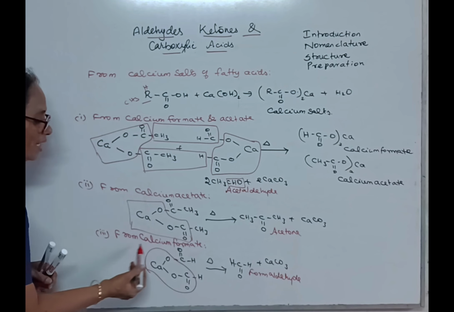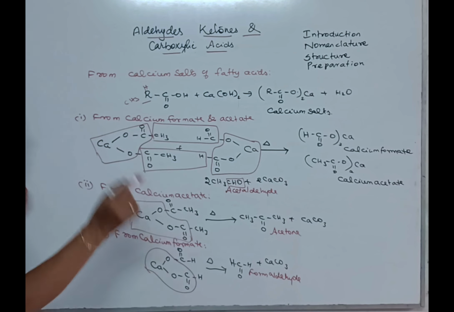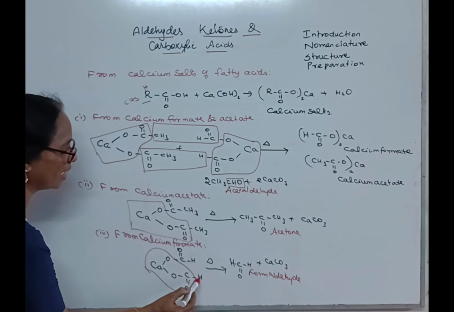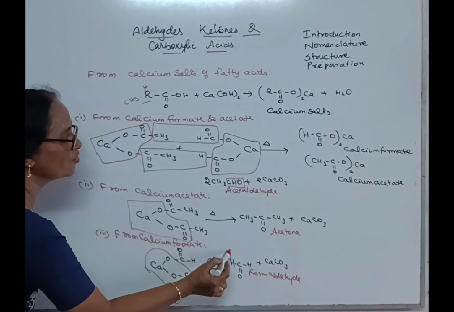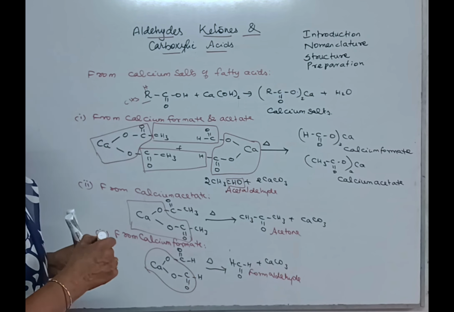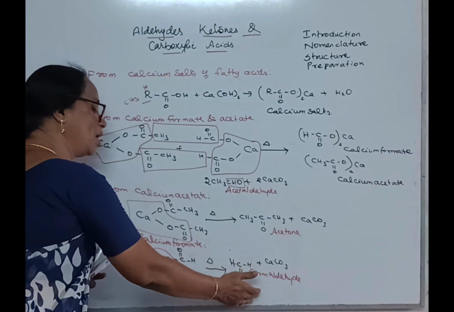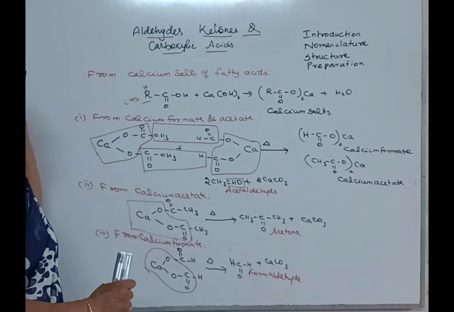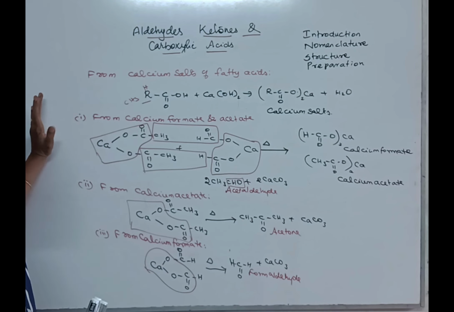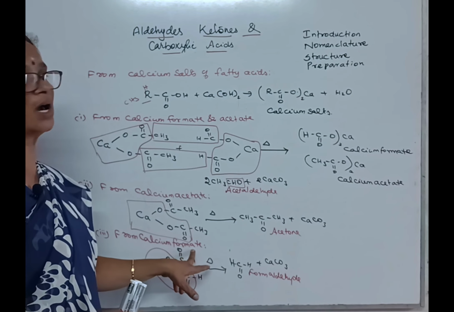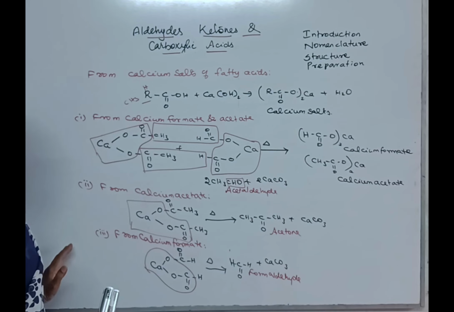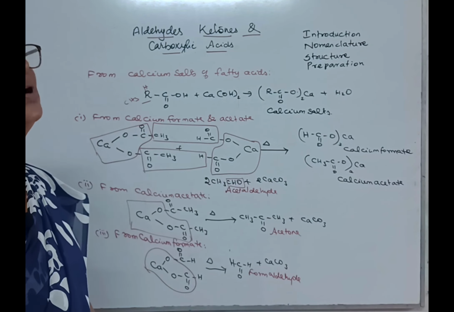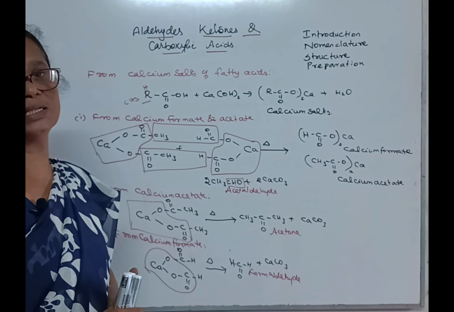Or if you have calcium formate alone, once again upon distillation calcium carbonate is removed, and we can have HCHO, formaldehyde, formed. So to form any aldehyde other than formaldehyde, you have to take the respective salt of calcium along with calcium formate. But all other calcium salts upon heating on their own can give the symmetric ketones like this.